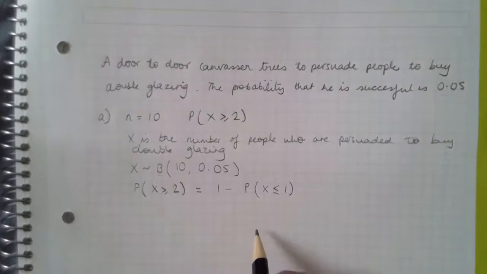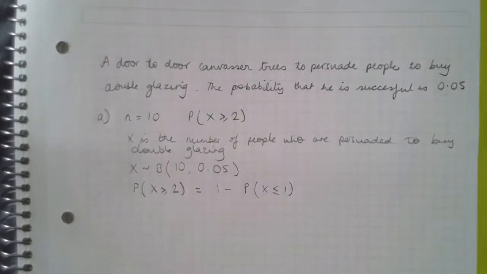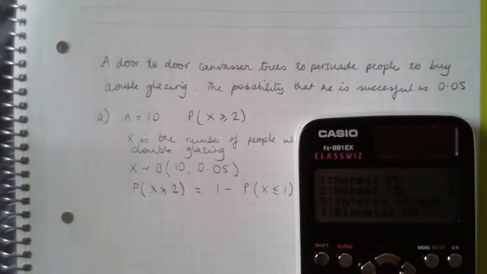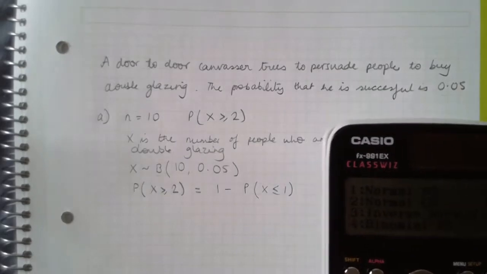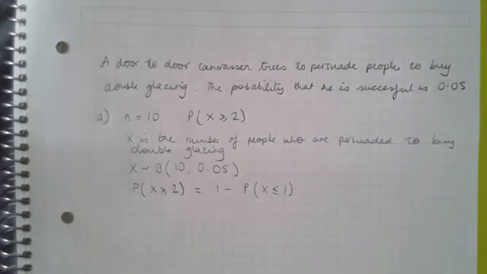Now using our calculators, we can go to binomial. That's a bit hard to see, isn't it? If we go to binomial CD, we go to the variable mode, we put x as 1, n as 10, and p as 0.05.